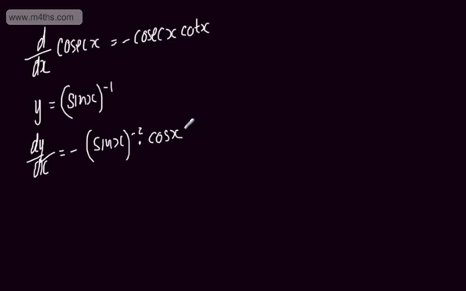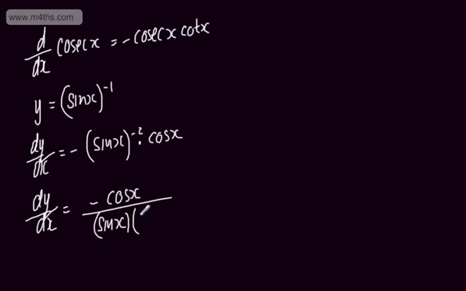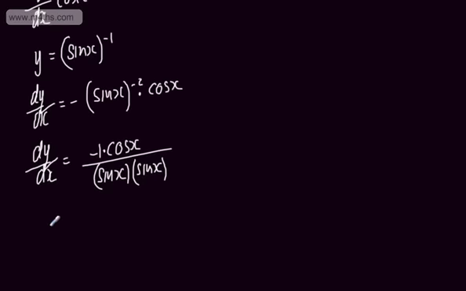The derivative of sine x, as we now know, is cos x. So we end up now with dy by dx will be equal to minus cos x over now sine squared x, which is sine x multiplied by sine x. And again, I'm just going to write this as 1 multiplied by that value. So we can split this fraction up.